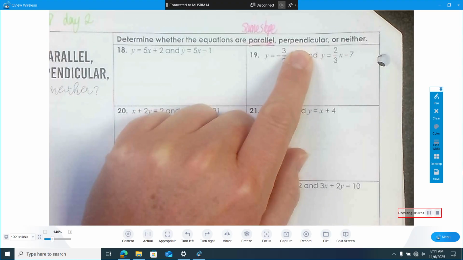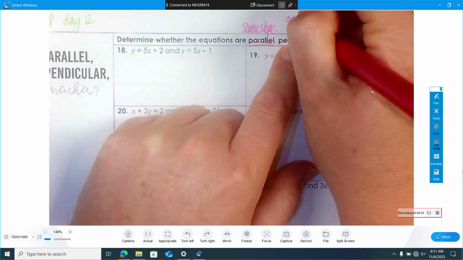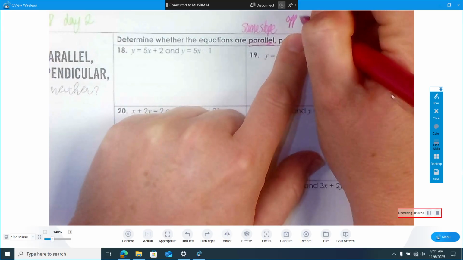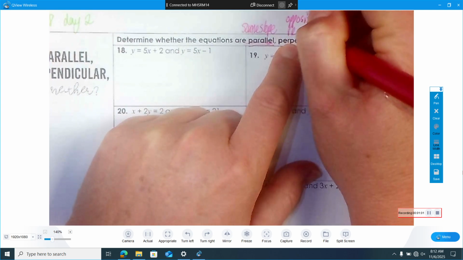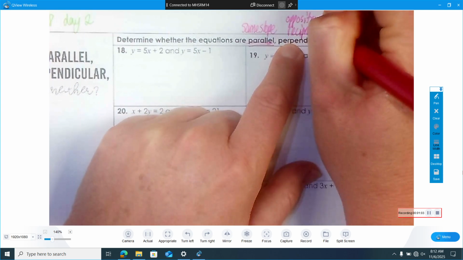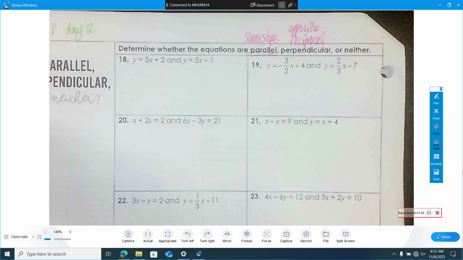How do we know if they're perpendicular? Opposite reciprocals. Opposite means change the sign. Reciprocal means flip the fraction. Neither is neither of those things.